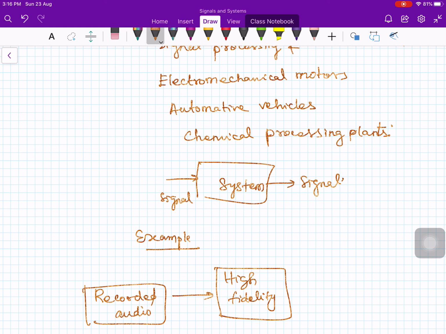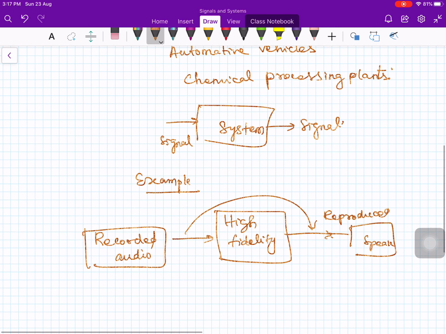So the same signal is reproduced here and given to the speaker through an amplifier. If the hi-fi system has tone controls, we can change the tonal quality of the reproduced signal. So in this high fidelity system, if you have some tone control like bass and treble, then you can control the tone quality of the reproduced signal.